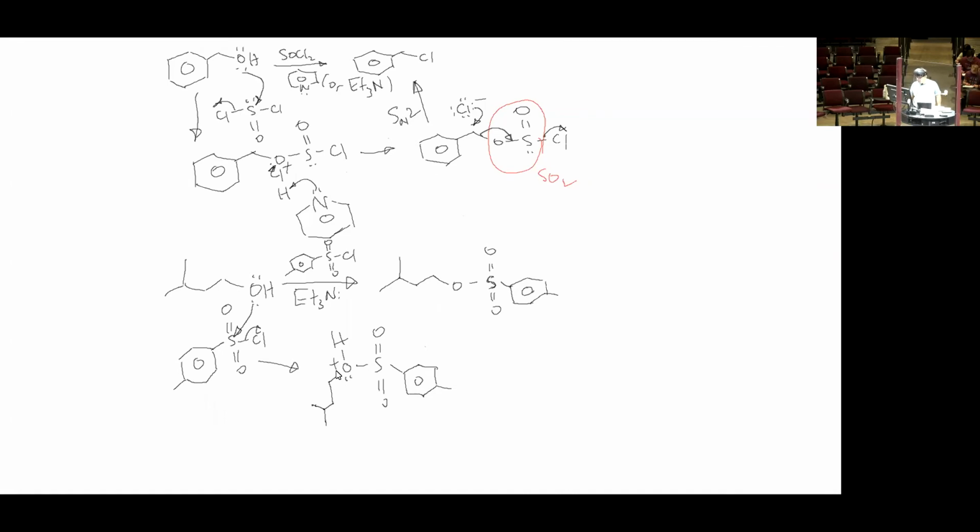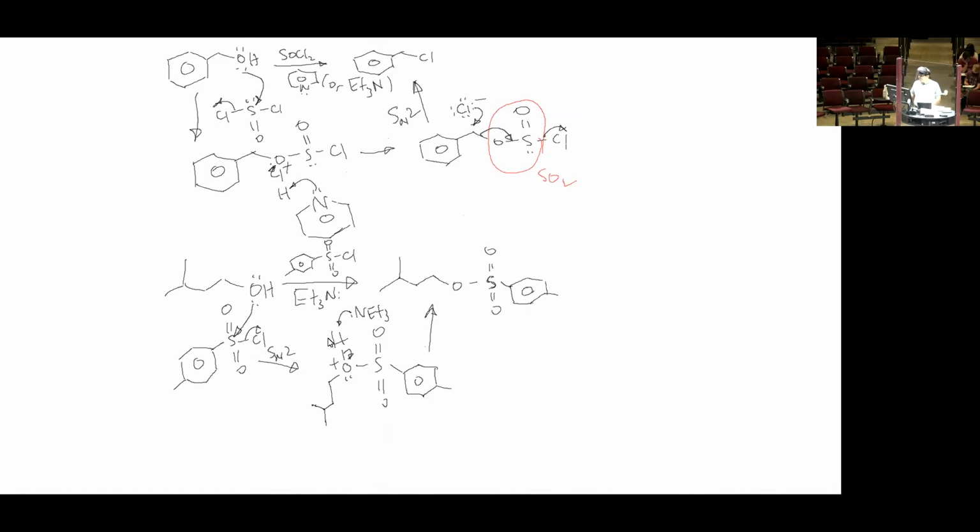And this again is why we would need the triethylamine to pull that proton off for us and get us back to this. So again, I think this is kind of an SN2 reaction, and then just deprotonation.